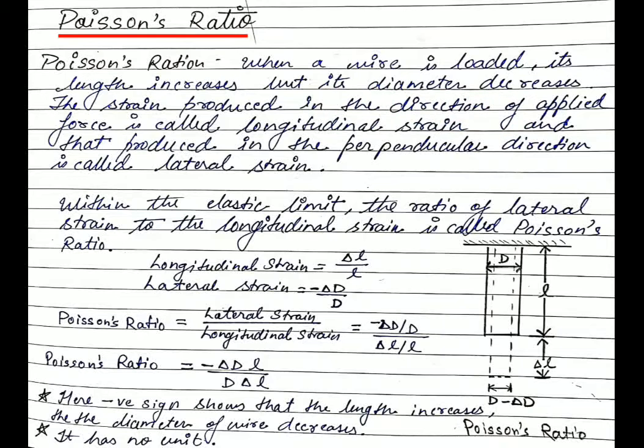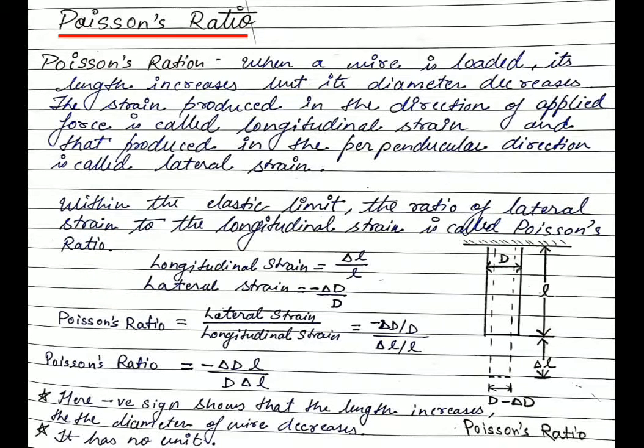The strain produced in the direction of applied force is called longitudinal strain, and the strain produced in the perpendicular direction is called lateral strain. Within the elastic limit, the ratio of lateral strain to the longitudinal strain is called Poisson's ratio. So longitudinal strain.